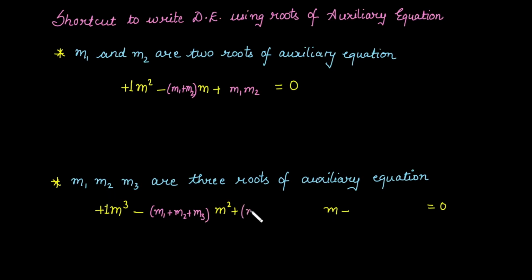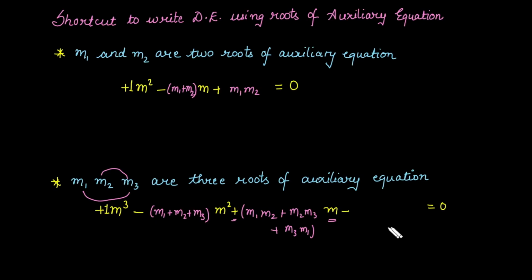So this is m1 into m2 plus m2 into m3 plus m3 into m1. Take these products and then add them. This is the coefficient of m with a positive sign.